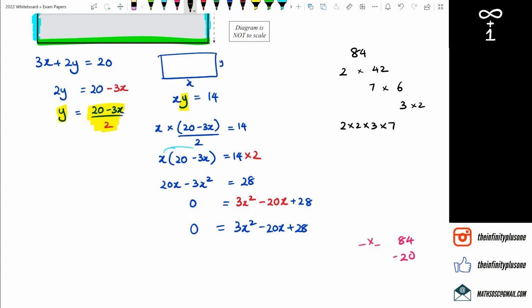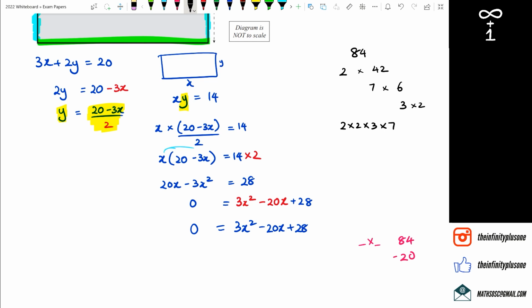Okay, so now we are looking for a combination that is minus 20, and also positive 84. What's going to be minus 20? Basically looking for a combination that's going to make 20. So let's see, 14. Oh yeah, 14 and 6.